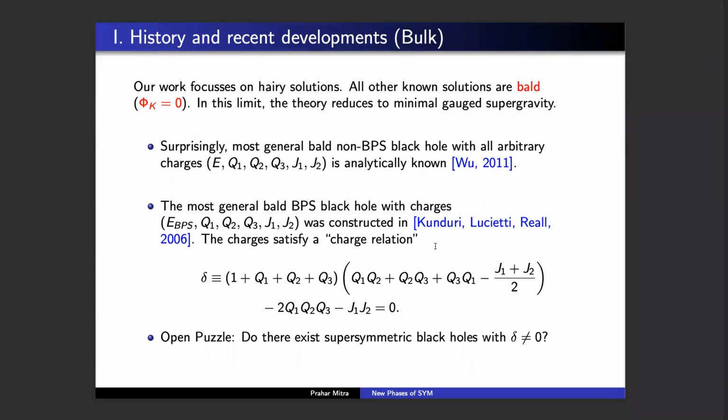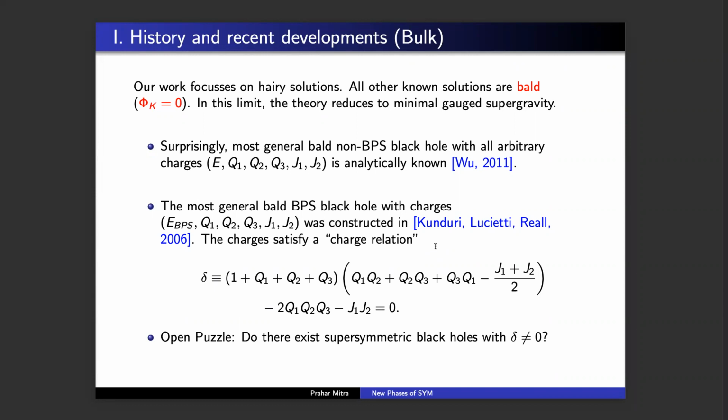It's really complicated. And then the SUSY limit of these black holes was also constructed, and this is the famous Gutowski-Reall solution. Well, they call it Gutowski-Reall, but there is in fact Kunduri-Lucietti-Reall in 2006. Of course, remember the most general black hole depends on 6 parameters. When I take the SUSY limit, the energy becomes E_BPS, which is a function of the charges.